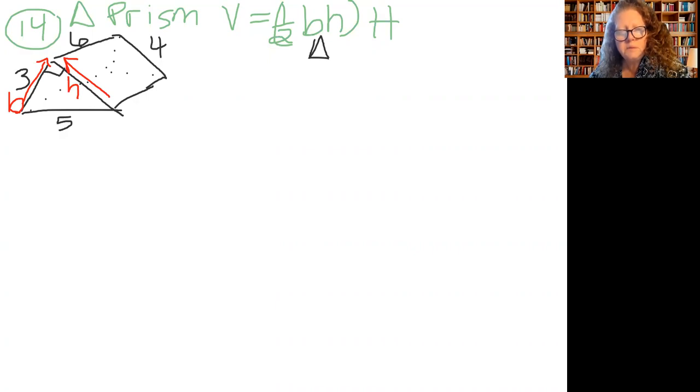It is labeled 3. Okay, the height. How big is this side over here? It's not labeled on that line, but it's labeled in your figure in the problem. How big is your H of your triangle? Okay, thank you, Ram. Yep.